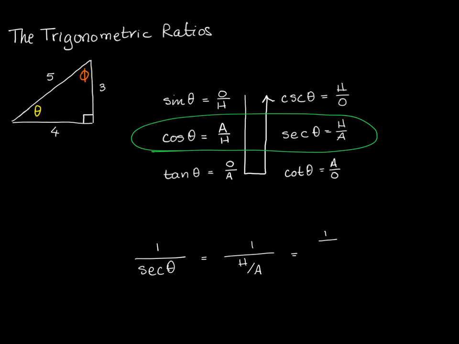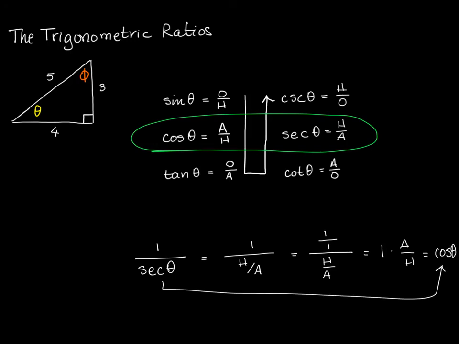Now, 1 over hypotenuse over adjacent just means 1 divided by hypotenuse over adjacent, and that's 1 times adjacent over hypotenuse, and that's just cosine. So a little bit of algebra magic here gives us the relationship between secant and cosecant without having necessarily to go through the adjacent over hypotenuse, hypotenuse over adjacent.